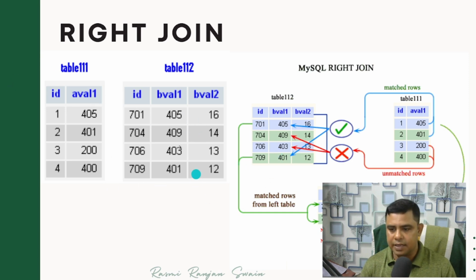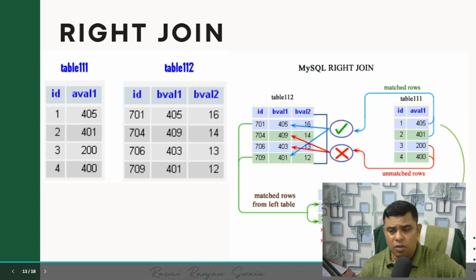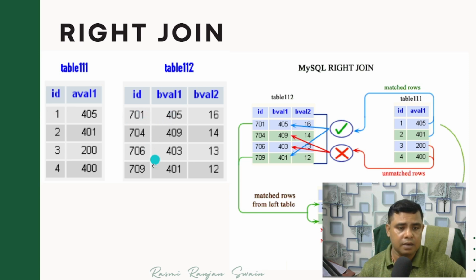Here is an example you can check: the table 111 and the table 112. If I combine these two tables, the common column is the ID, and on the basis of matching data, the id and eval id match here.